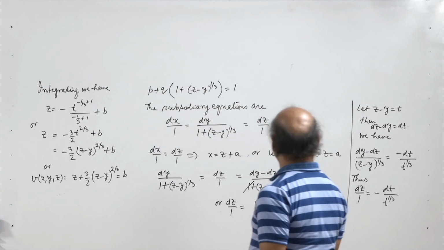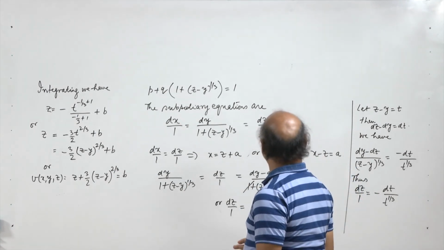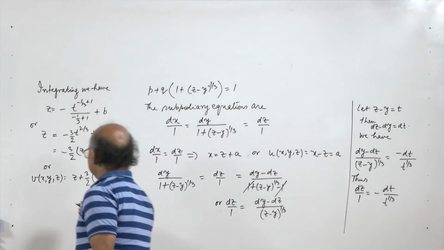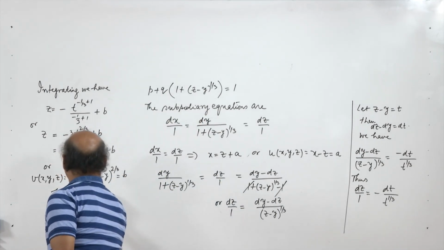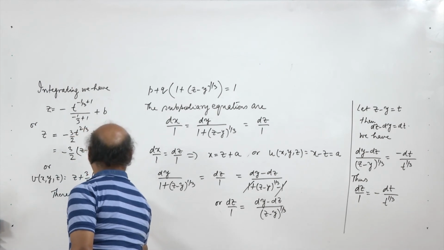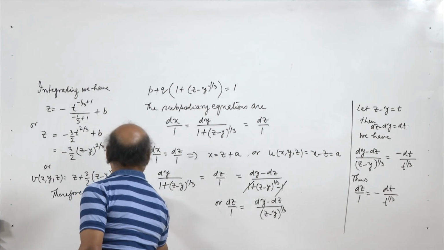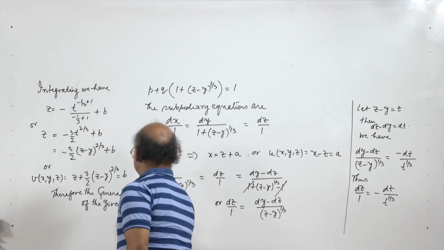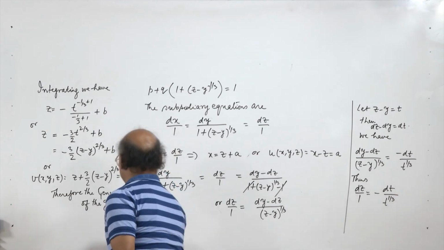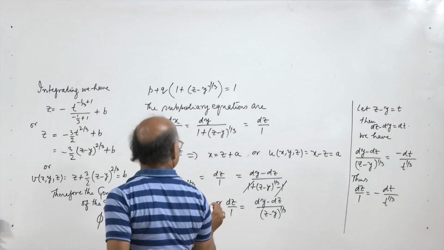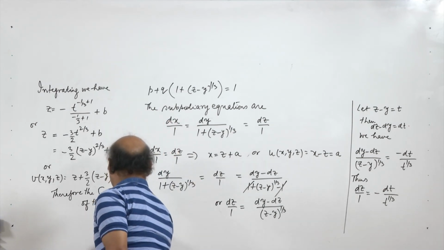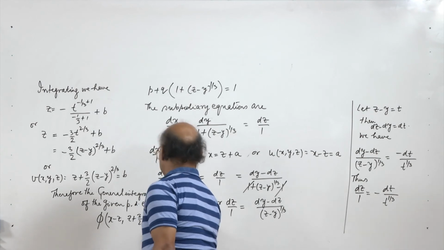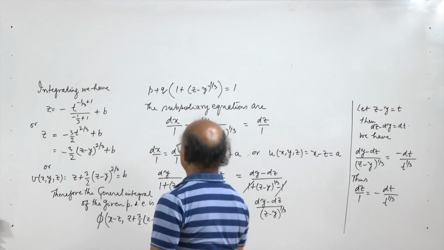Thus we have got two independent integrals, u equal to x minus z equal to a, and v equal to z plus 3 by 2 (z minus y)^(2/3) equal to b, and therefore the general integral of the given partial differential equation, which we can write in short as PDE, is phi(u, v) equal to 0, that means phi of (x minus z) and (z plus 3 by 2 (z minus y)^(2/3)) equal to 0.